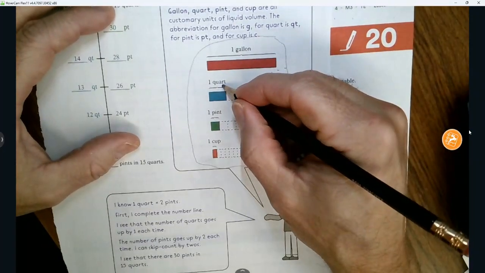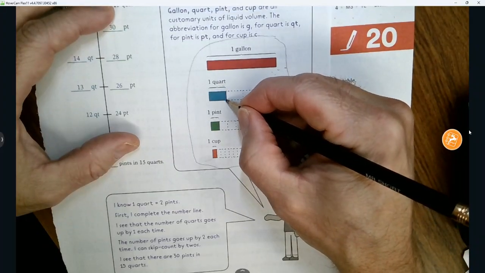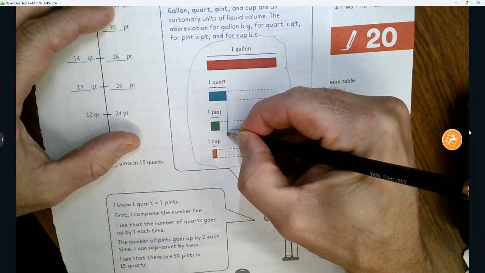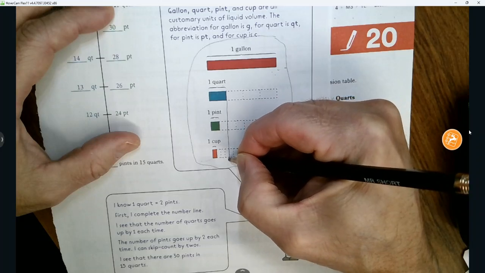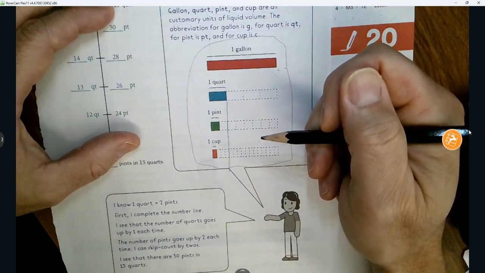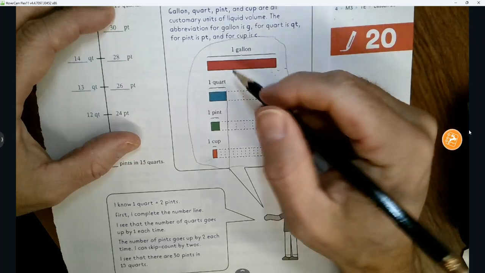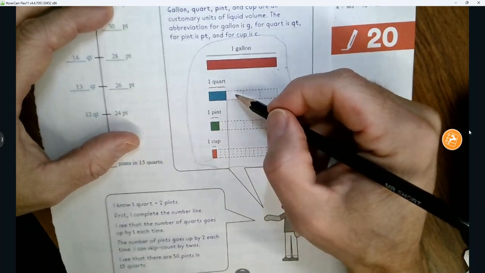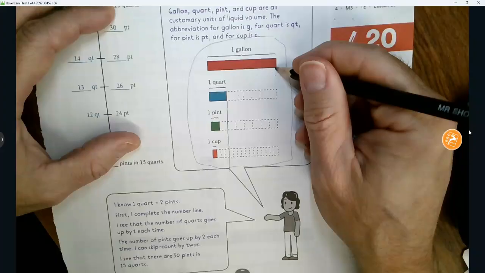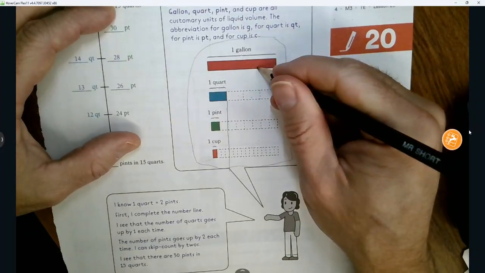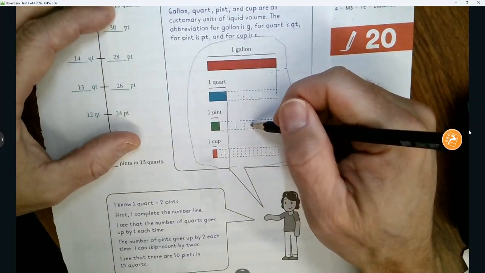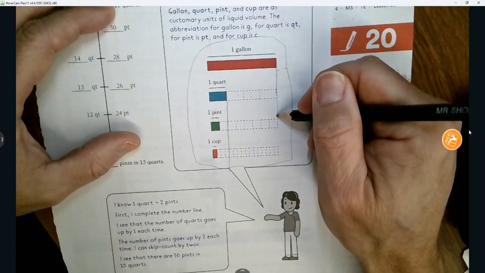I see I got quart here and pint here. We draw this line straight down. Look at this, it's helping us. 1 gallon would be 1, 2, 3, 4 quarts. 1 gallon would be 1, 2, 3, 4, 5, 6, 7, 8 pints.